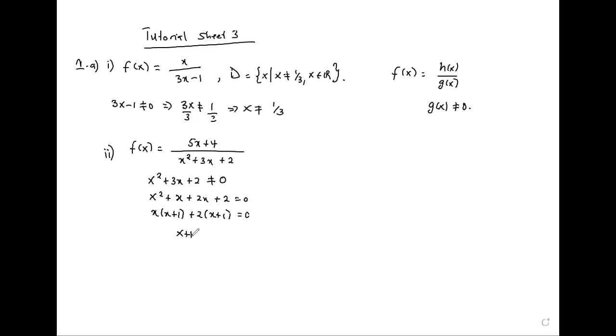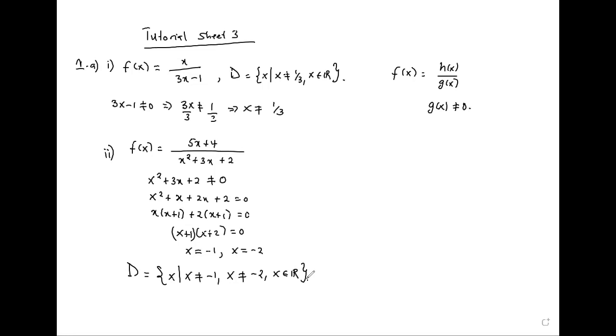So x plus 1, x plus 2 is 0. So x is -1, x is -2. So our domain should be x such that x is not equal to -1, x is not equal to -2, but x is any other real number. That is how you get the domain of such a function.